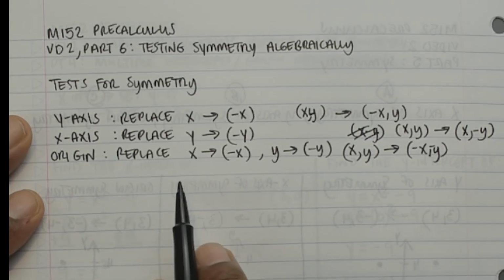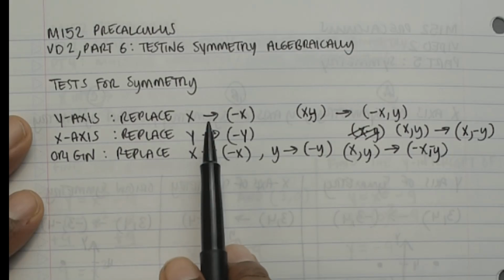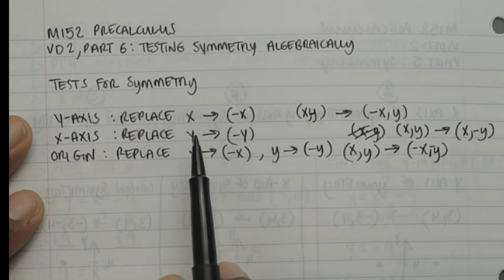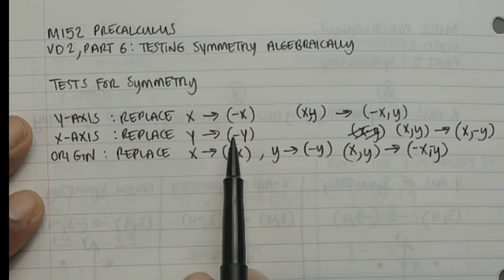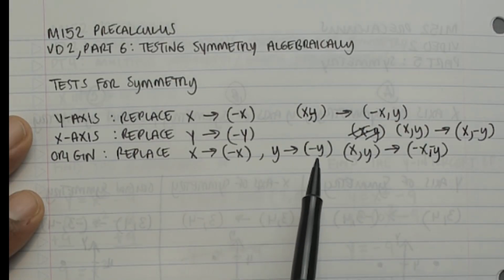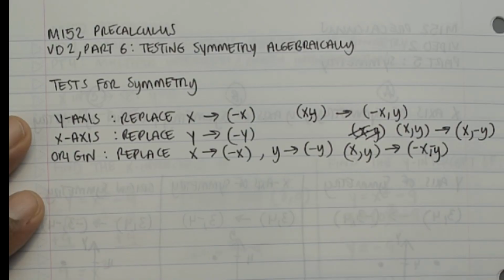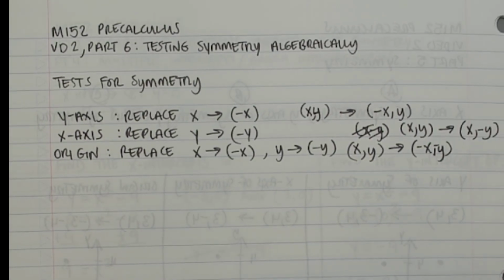Okay, so again, replace x with negative x, replace y with negative y, and then replace both x and y with negative x and negative y.